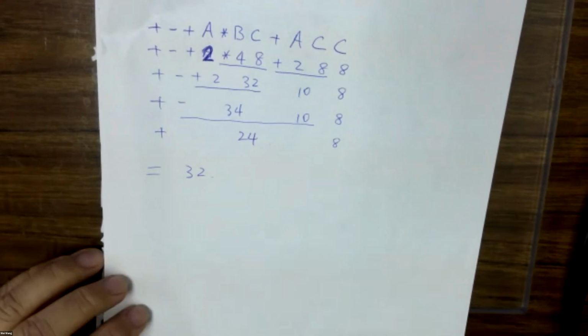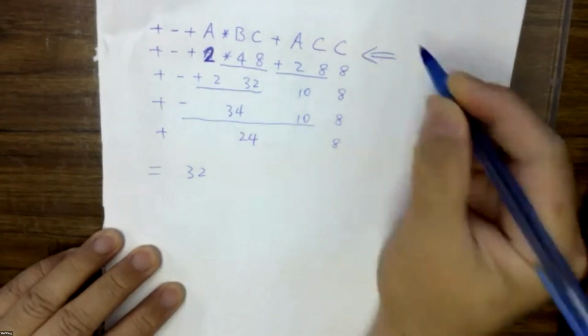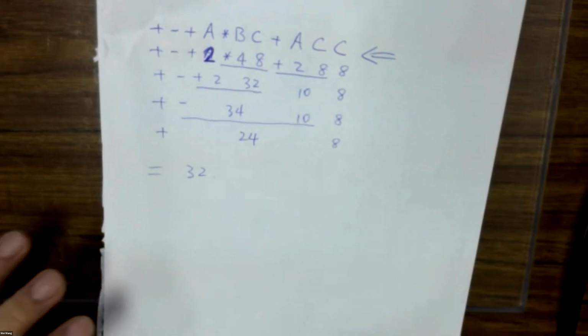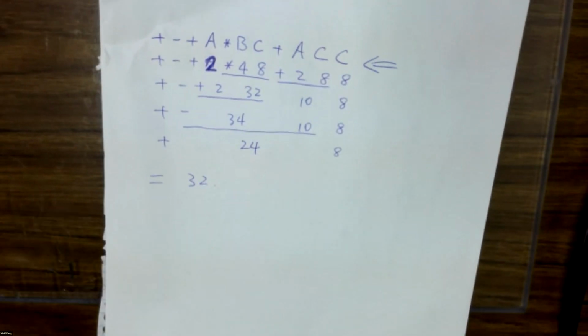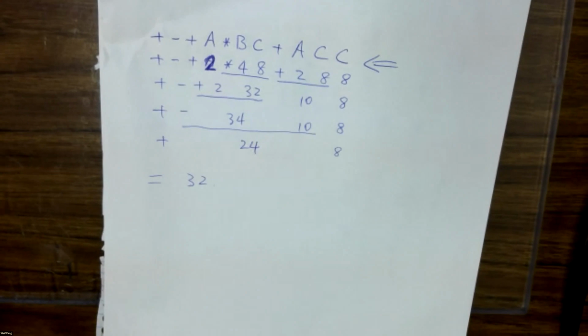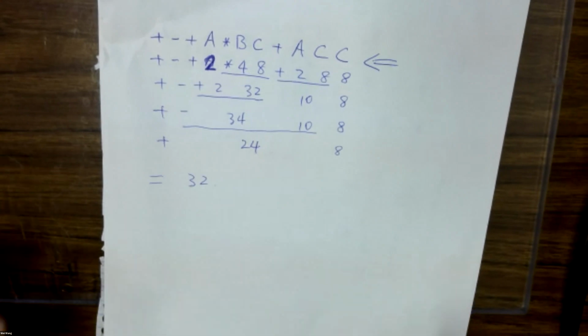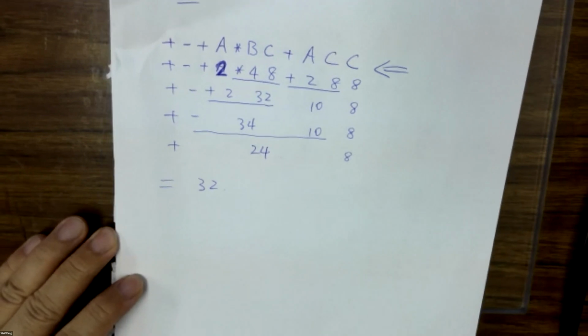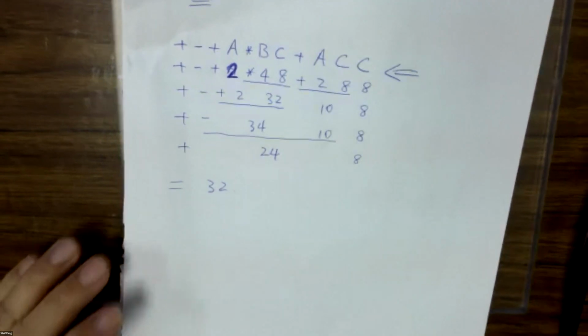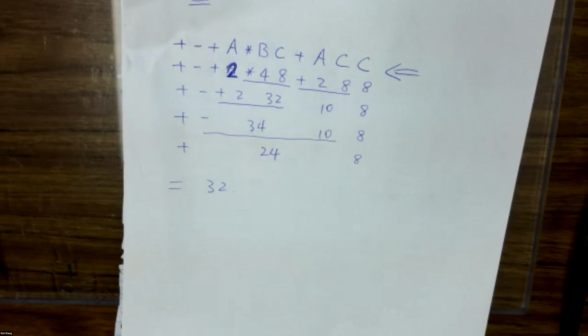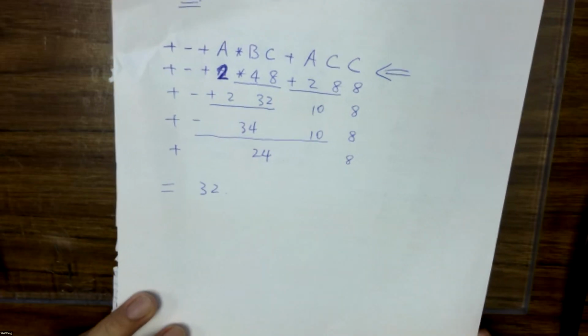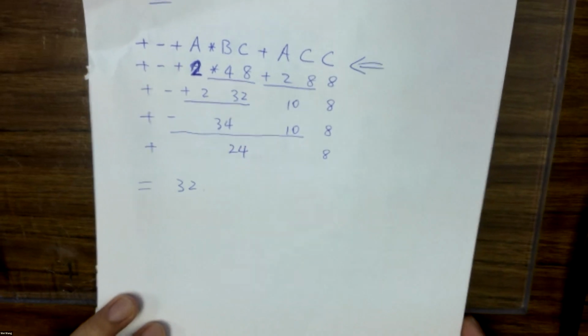Here's the expression to begin with, and then we put the values of A, B, C into that. A is 2, B is 4, and C is 8. By following the prefix expression rule, we are able to evaluate that.